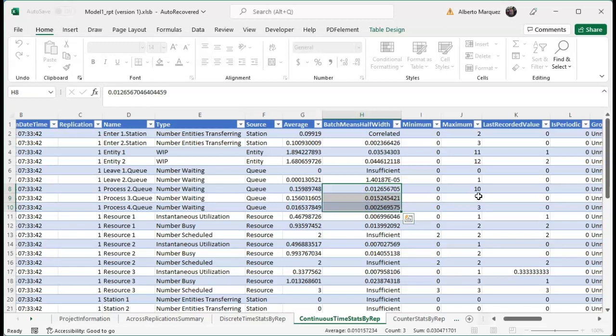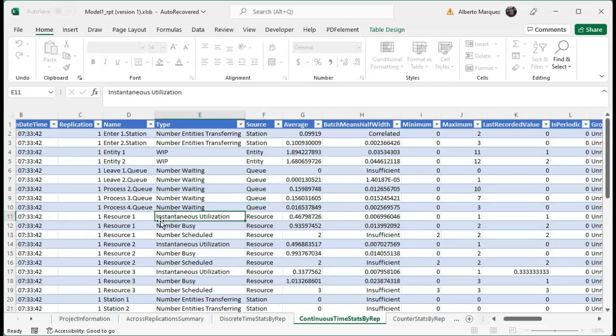Here we see the worst case scenario. For process 2 queue, the maximum number of entities observed was 10. In process 3 queue it was 7, and in process 4 queue it is 3. The last recorded value shows 0, meaning that no entities were waiting.